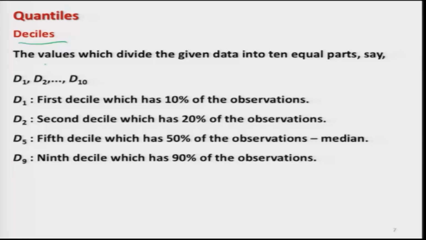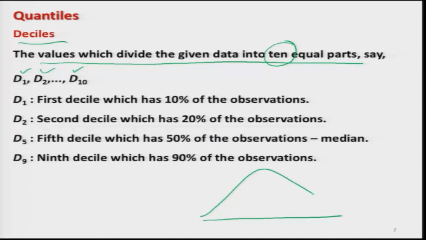Okay. Similarly, in case you want to divide the total partition into 10 equal parts, for example, here we have divided into 4 equal parts, now I am changing it to 10 equal parts. Then in this case, they are called deciles. So, deciles are the values which divide the entire frequency distribution into 10 equal parts, and we denote them as D1, D2, up to D10.